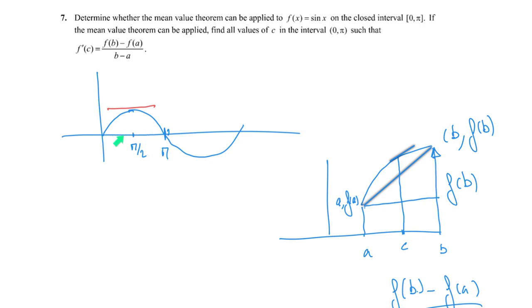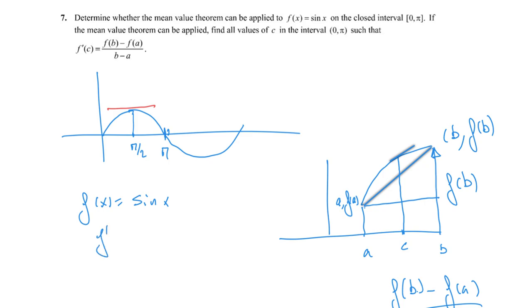The slope is 0. So there exists a point inside the closed interval [0, pi] where the slope is 0. Which one is this point? It's pi divided by 2, because at this point, the slope is 0. Well, you can do the following thing also. f of x is sine of x.